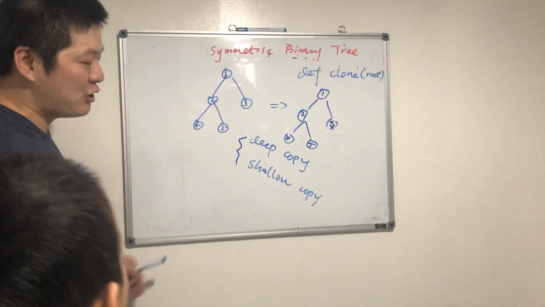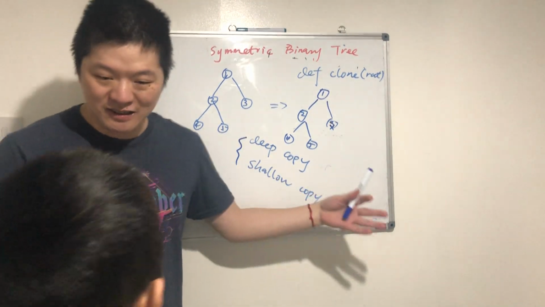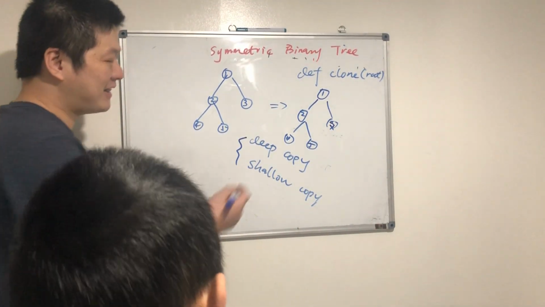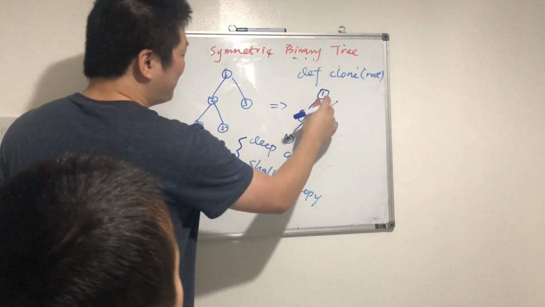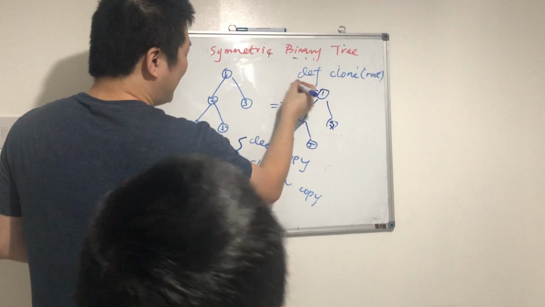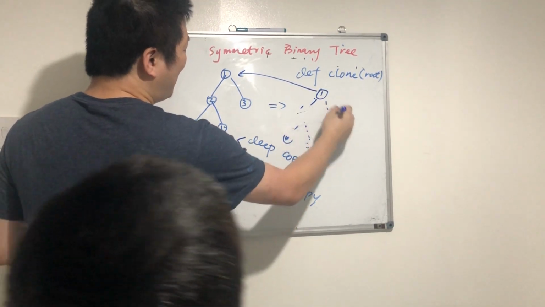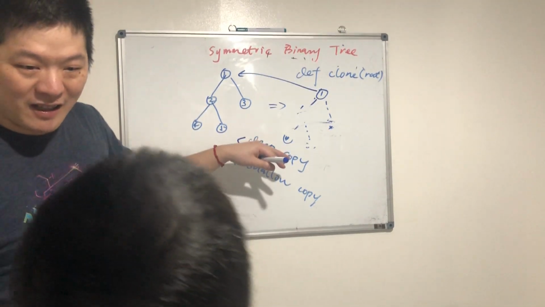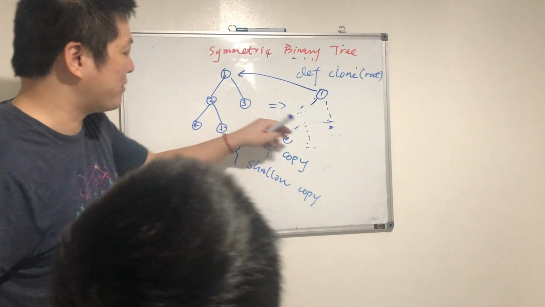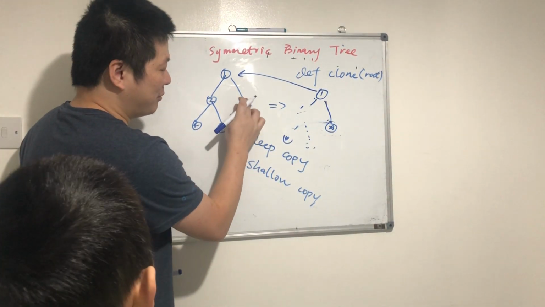Shallow copy is the other one, and in other cases it's like an alias. Do you get it? It's like an alias. You make a copy of this, and then you just have another pointer pointing to that. It's not an independent copy, right? So if you change the value here, the linked one will also be changed.